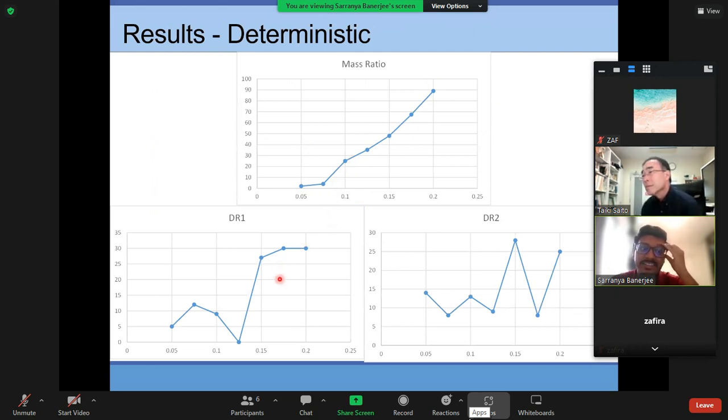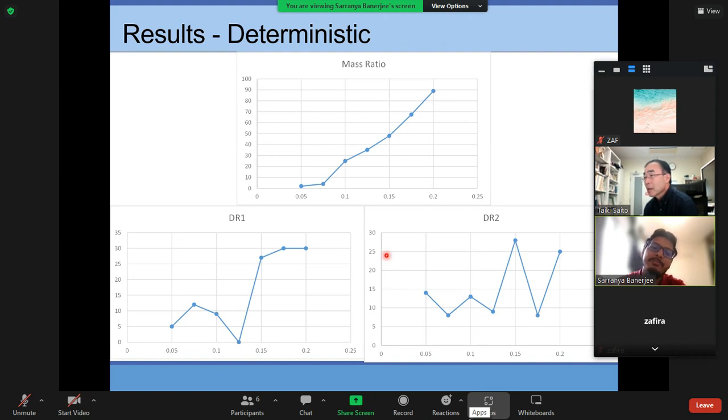What I have seen is that the damping ratios of the 2 TMDs don't show a particular trend for this objective reduction. They are quite random in nature. So this signifies that the performance is not so sensitive to the damping ratio. However, I have also seen later with the few results that I have got for probabilistic.